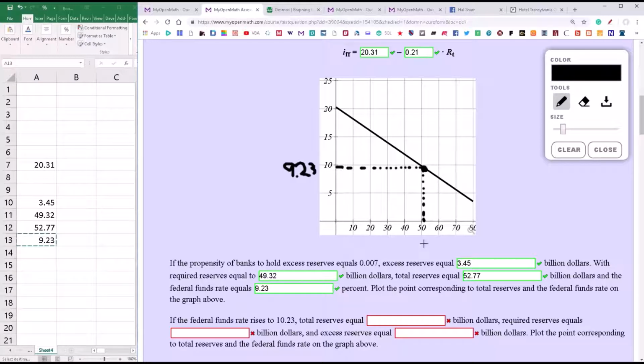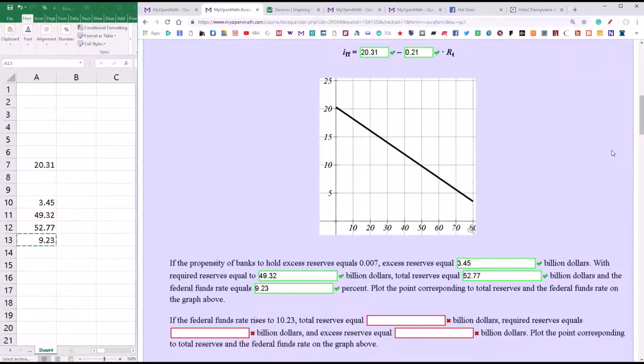Okay, and this would be 52.77, and all we did was we plugged in 52.77, and what we got was 9.23, right? Okay, that's how we do that. So let's close that out.